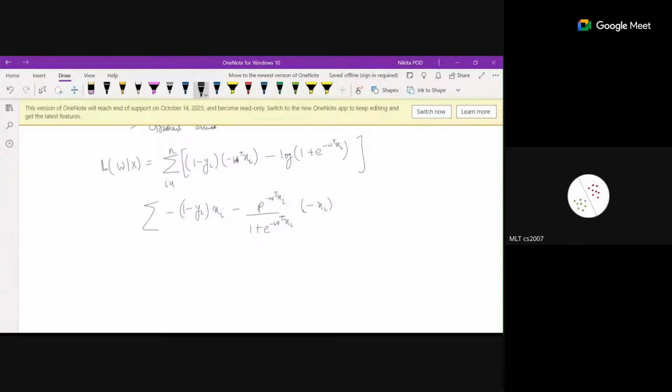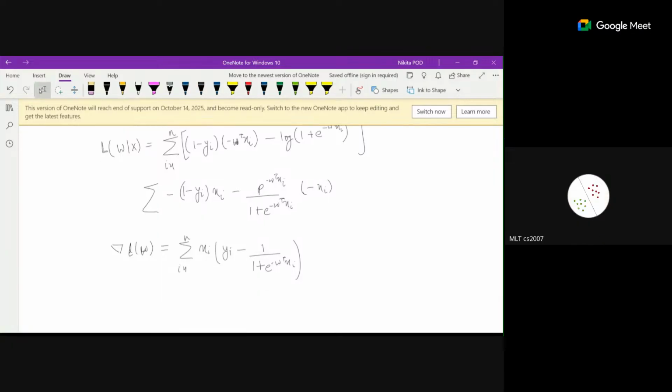So you take the derivative, and L of W is the sum over xi, yi minus, and we can write this as a minimization problem, 1 plus e to the minus w transpose xi. Now you have this. What do you have to do? You have to substitute it to 0.